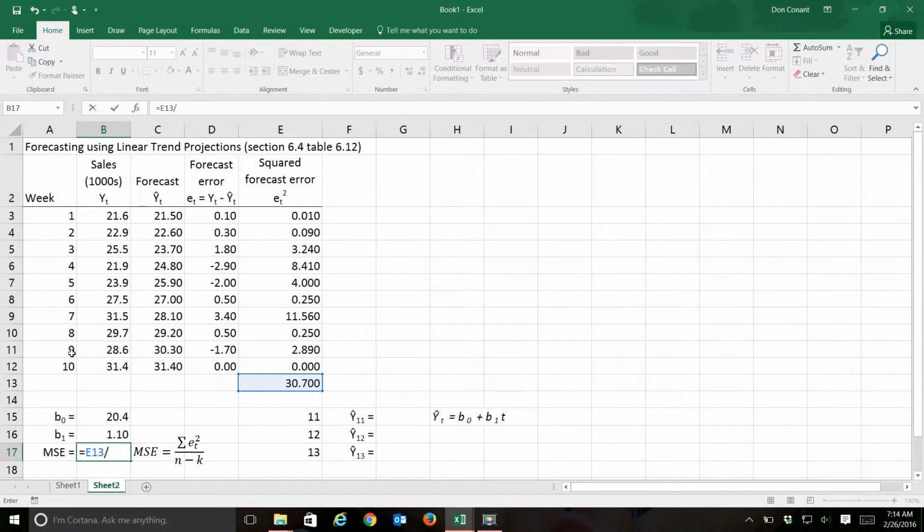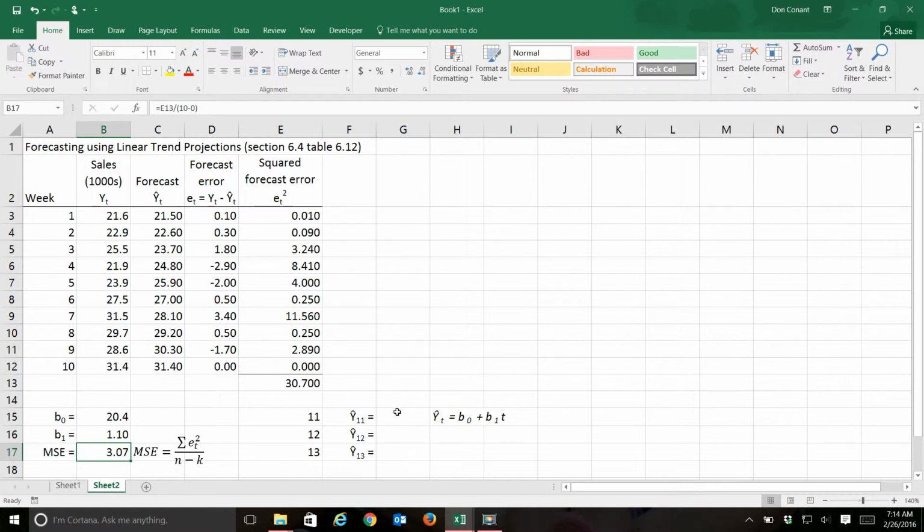And I'll do it this way just to be consistent. 10 minus, we didn't use any periods to create the forecast. We used the linear trend projection. So that is a 0. So it's just the value over the number of periods. That gives us a mean squared error of 3.07.